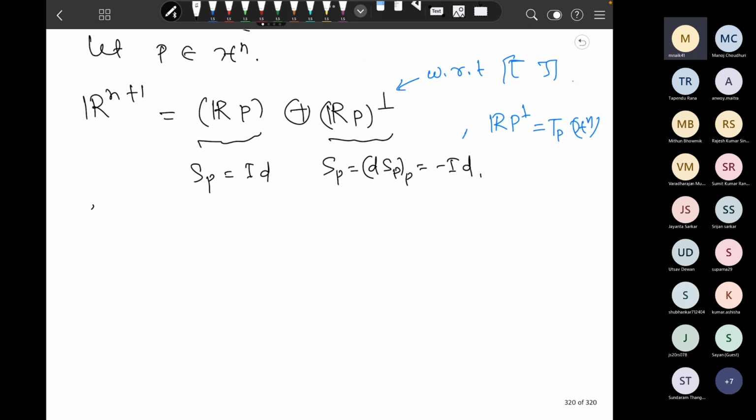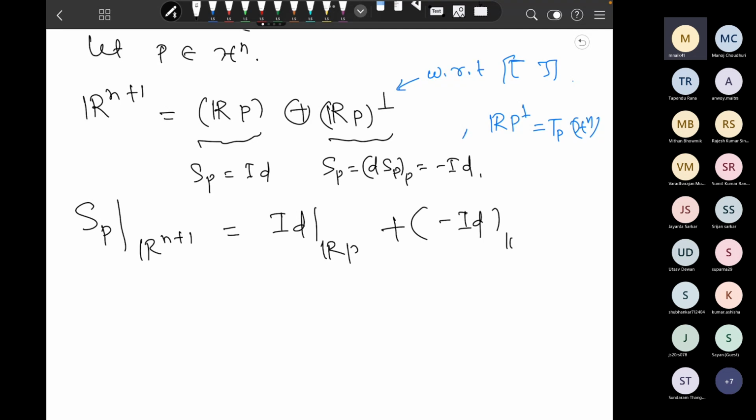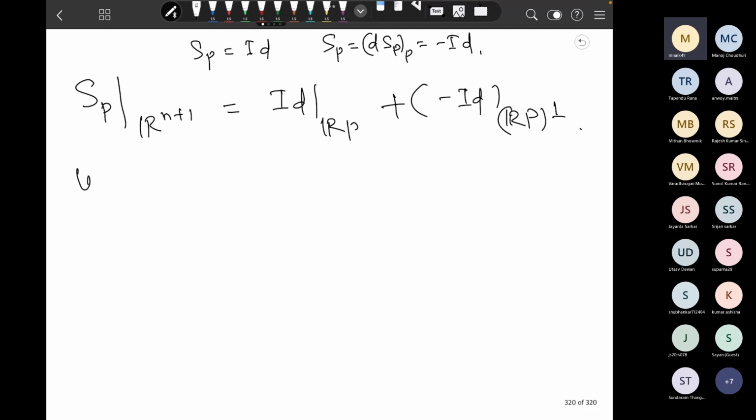Now, SP on R^(n+1) is really identity on Rp plus minus identity on Rp perp. So let V belong to R^(n+1). I want to find SPV.